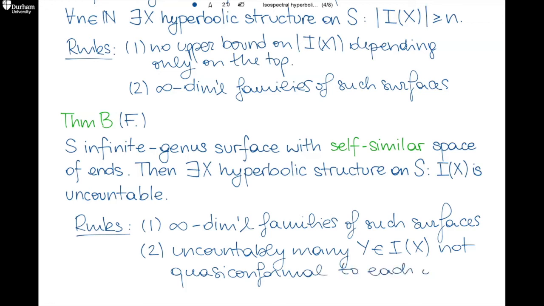So for those who don't know what that means, I didn't want to define quasi-conformality, but it can be thought of as a weakening of an isometry. A quasi-conformal map is somehow something that's weaker than an isometry.